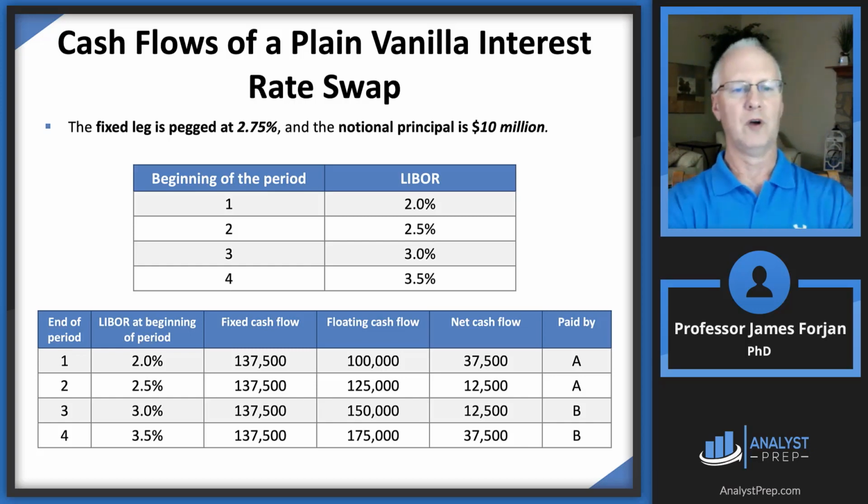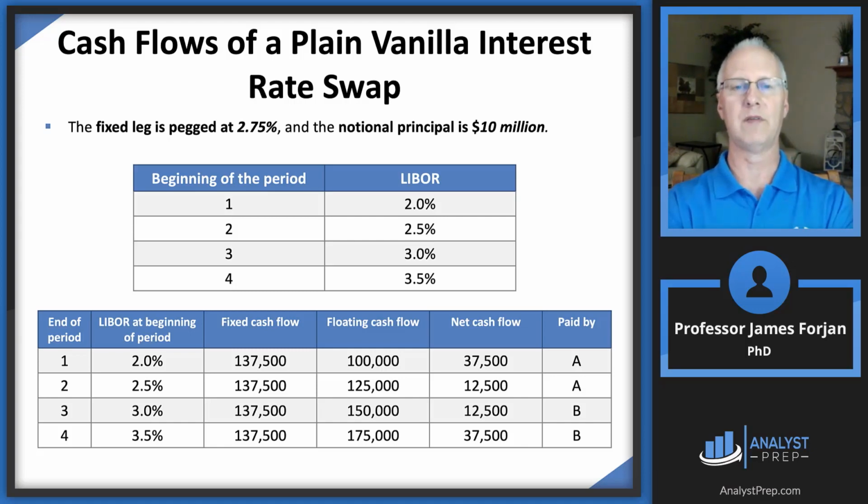Okay, so at the end of period 1, the LIBOR at the beginning of the period was 2%. So 2% of that $10 million gives me $200,000, right? But since it's semi-annual, we cut that in half. So there's the floating cash flow payment of $100,000. The fixed cash flow is going to be fixed, right?